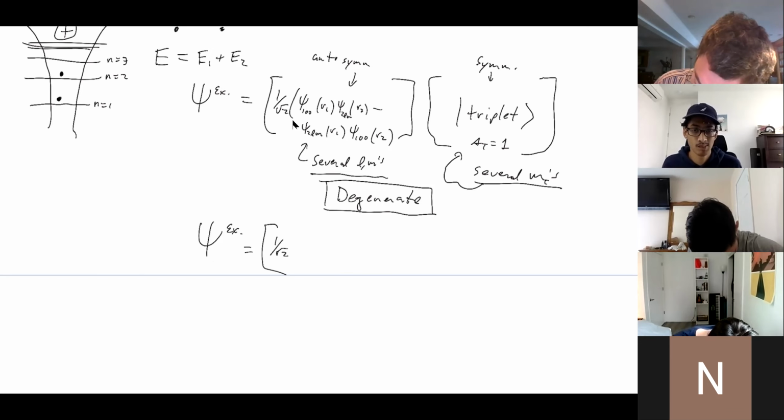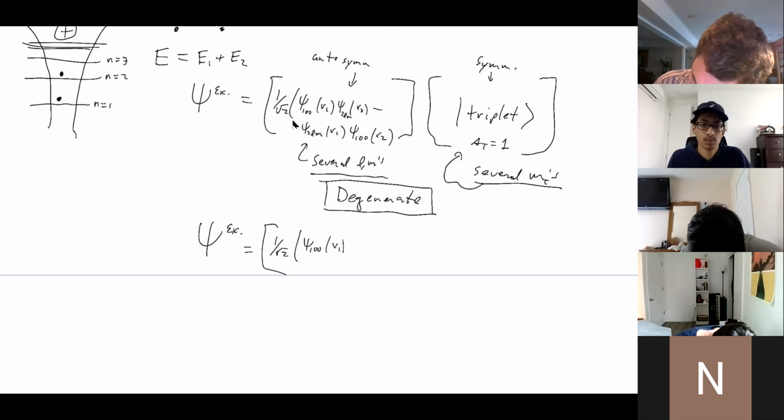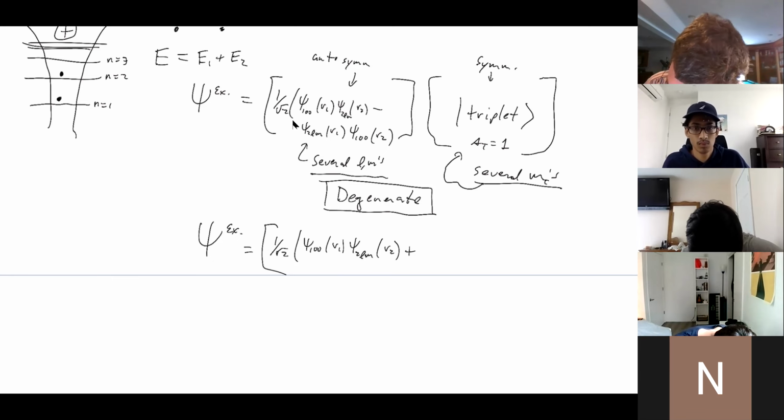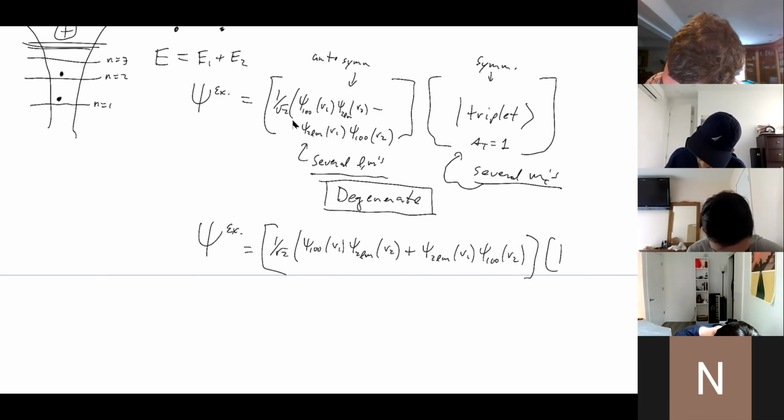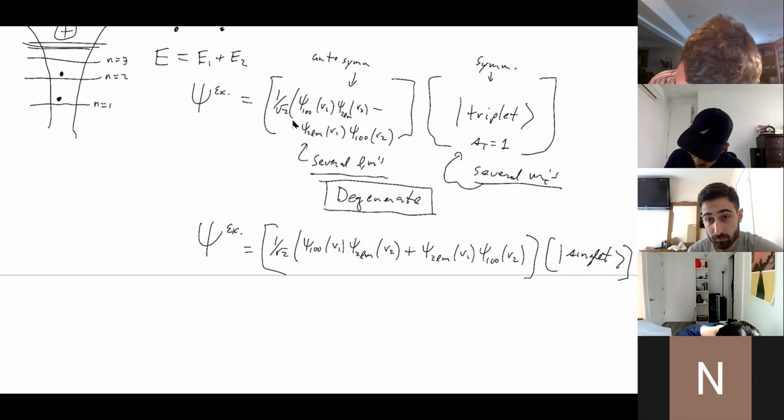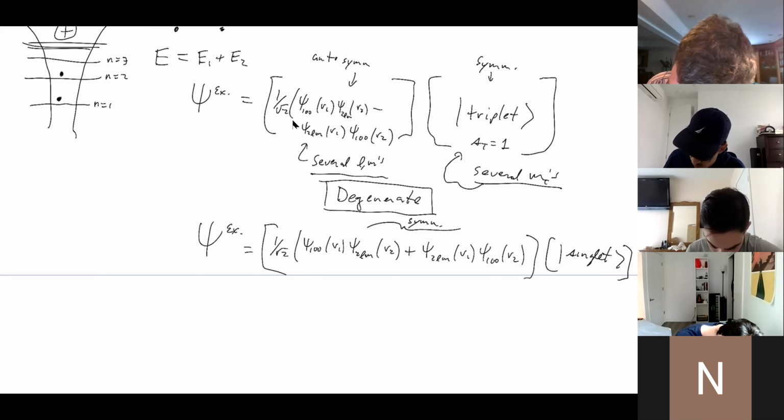We could have said psi 1,0,0 (R1) psi 2,LM (R2) plus psi 2,LM (R1) psi 1,0,0 (R2) times the singlet, right? In which case this spatial part is symmetric and the spin part is antisymmetric.